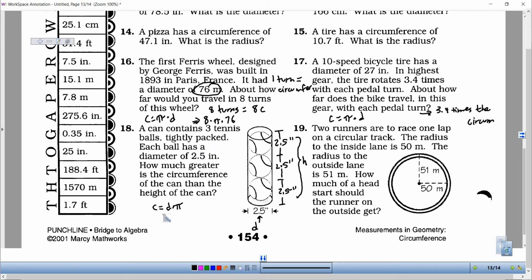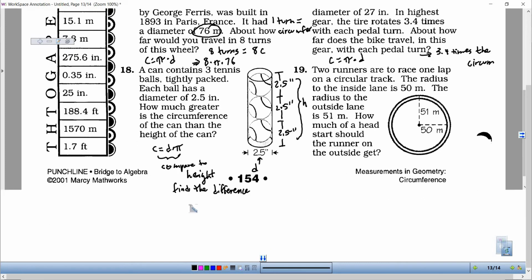So we need to find the circumference, right? And we need to compare that to the height. And how are we going to compare it? We're going to subtract, right? Find the difference between the height and the circumference.